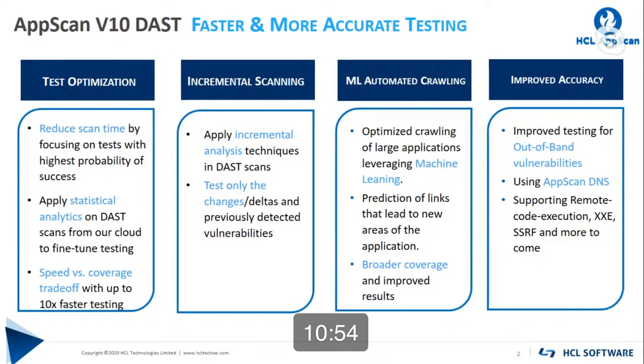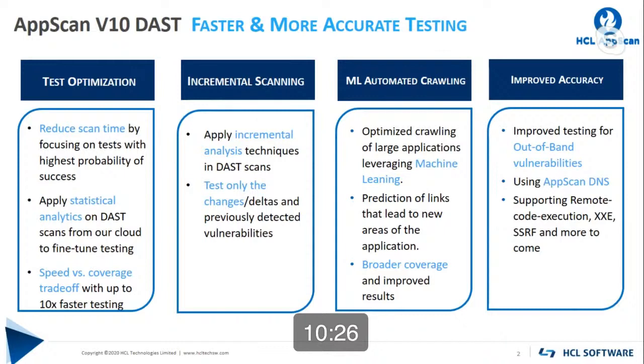The next capability is incremental scanning. This is another new exciting capability that we introduced, and the goal again is to have quicker scans. The idea here is to analyze the differences, to identify changes in an application when we compare the new application to the previous one.